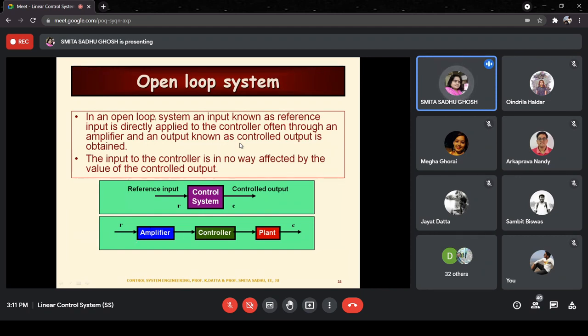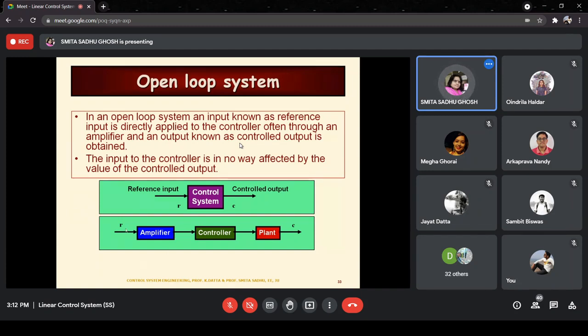So in an open loop system, an input known as the reference input is directly applied to the controller, often through an amplifier, and an output known as the controlled output is obtained. It explains the diagram over here. The input to the controller is in no way affected by the controlled output. So that is of importance as far as an open loop system is concerned.